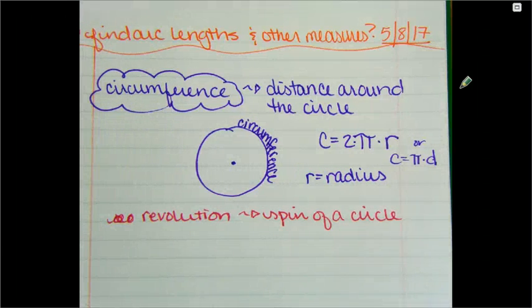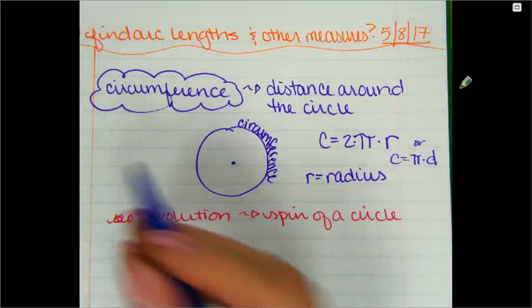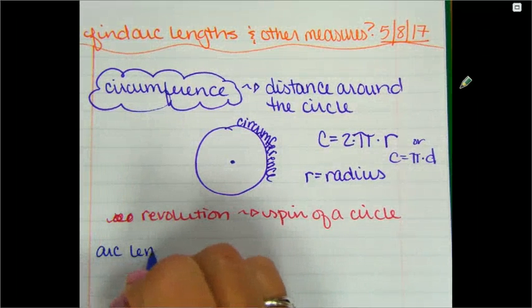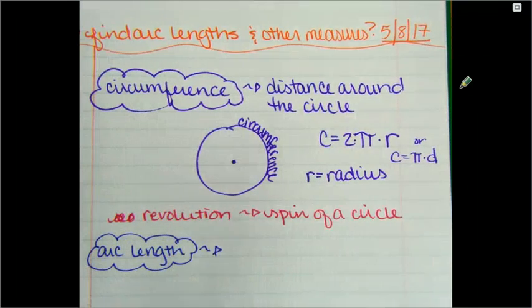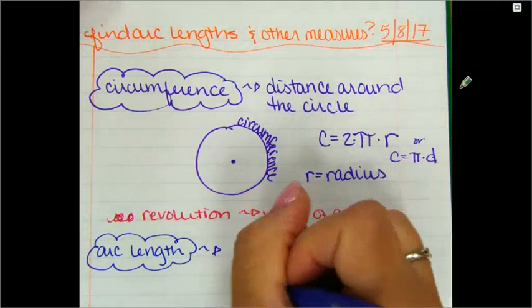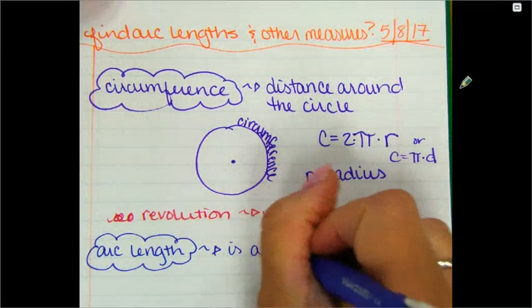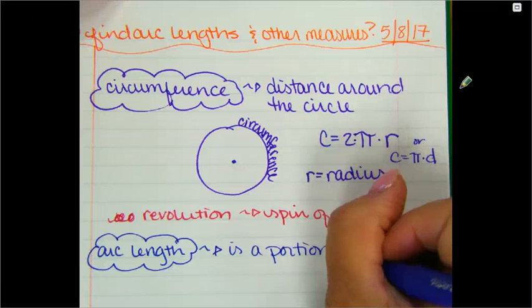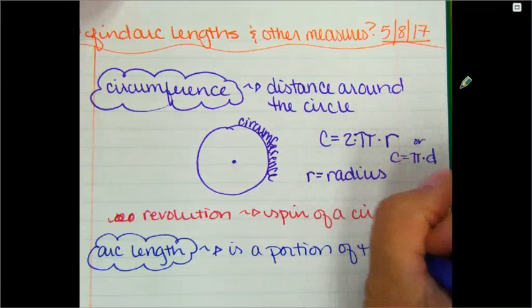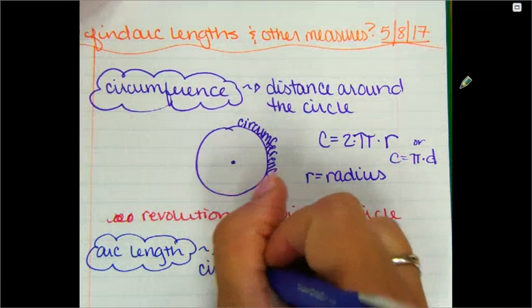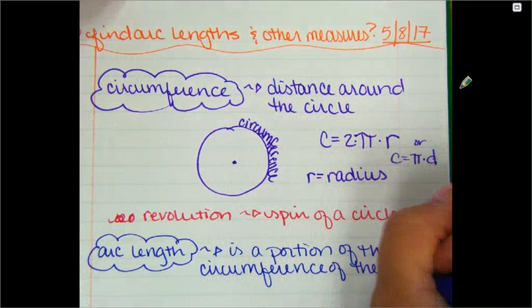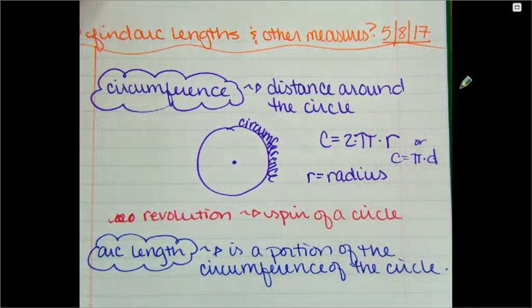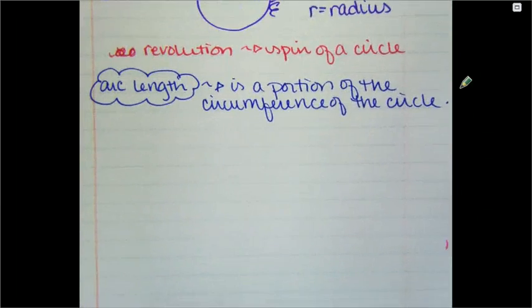Okay. Arc length is a portion of the circumference of the circle.